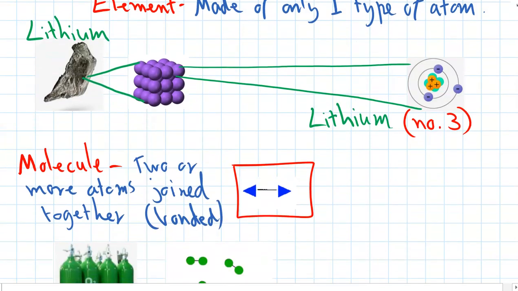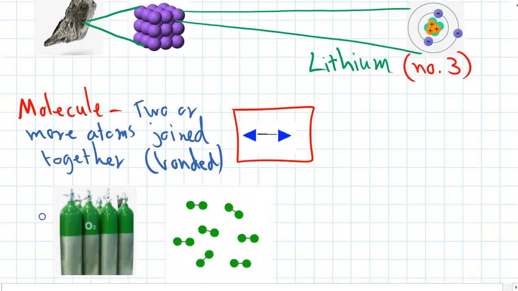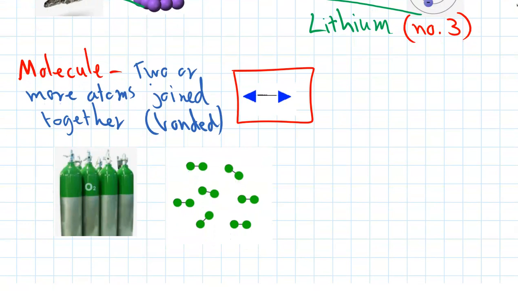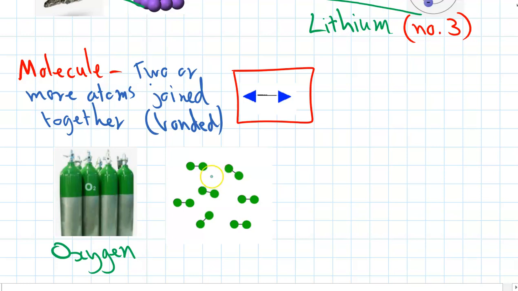Okay, so let's look at some examples of elements that actually always exist as molecules. And a really common one that we're breathing in all the time is oxygen. So oxygen, its atoms prefer to be joined together in molecules, but it's still called an element because they're all made of oxygen atoms.